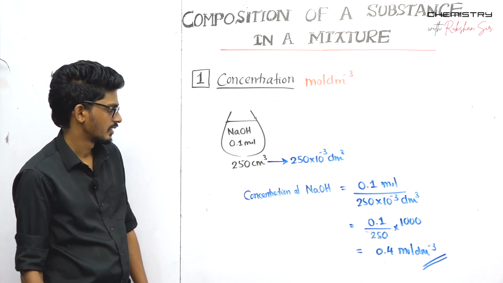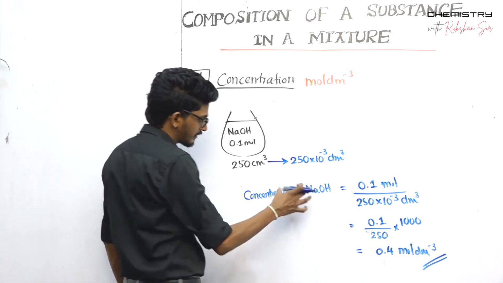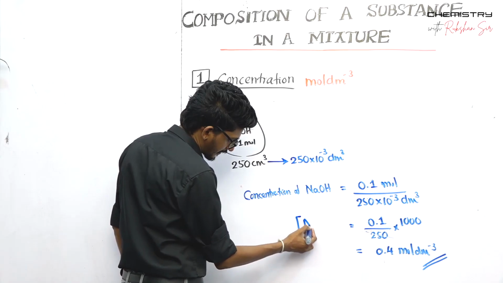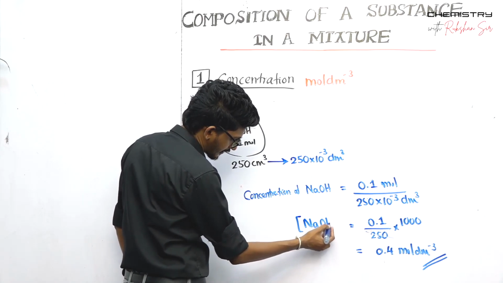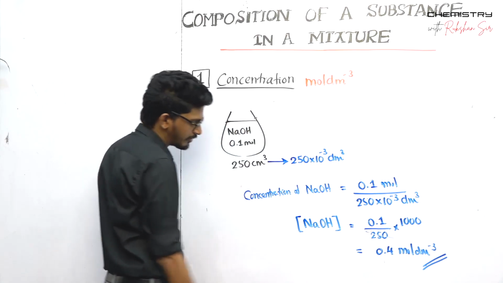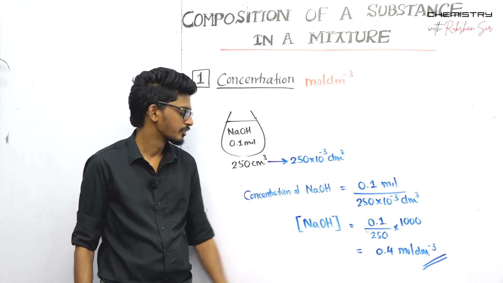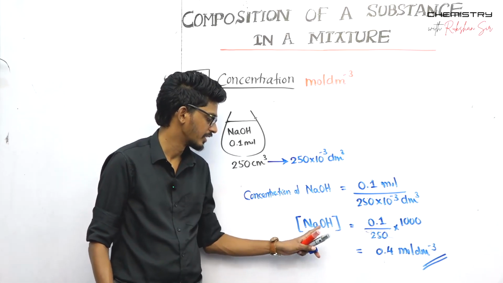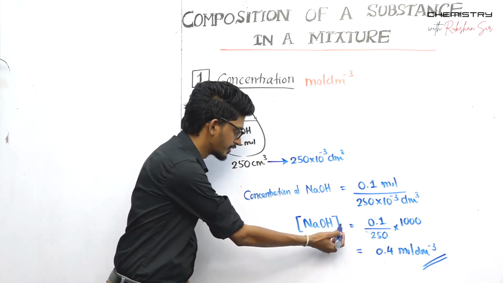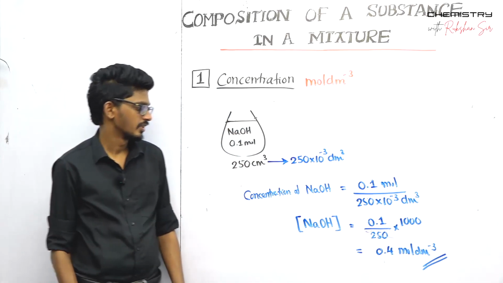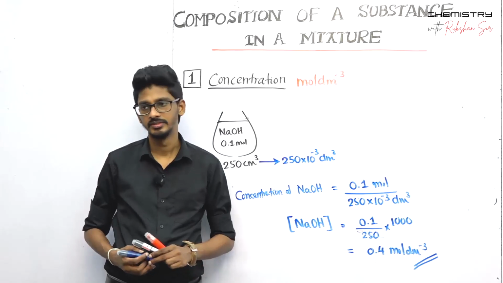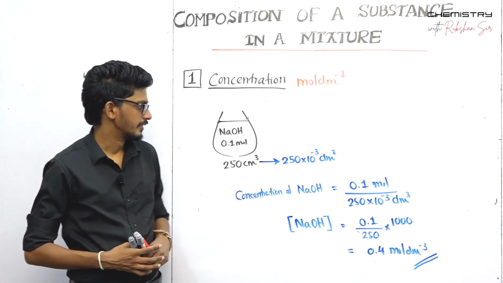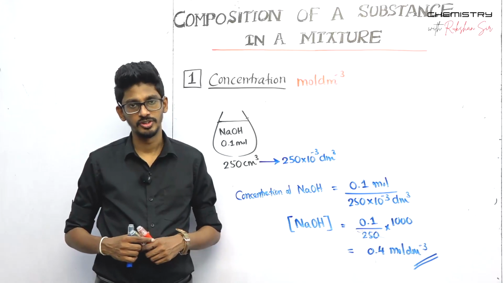Normally this concentration of NaOH can be represented like this. The square bracket also can be used to represent the concentration. This square bracket means this is the concentration of NaOH. So this is a very simple calculation to get that idea of concentration.